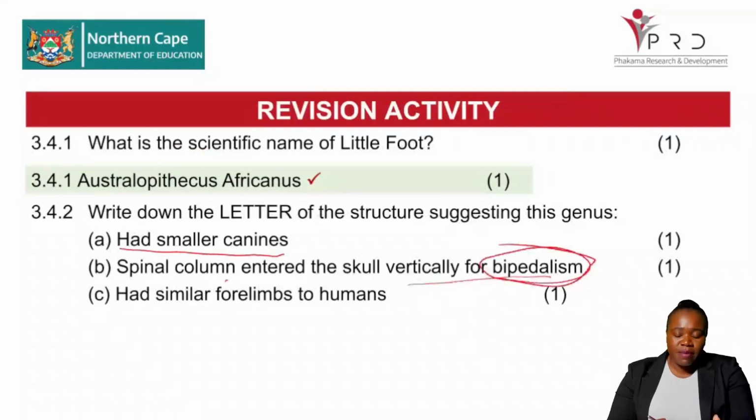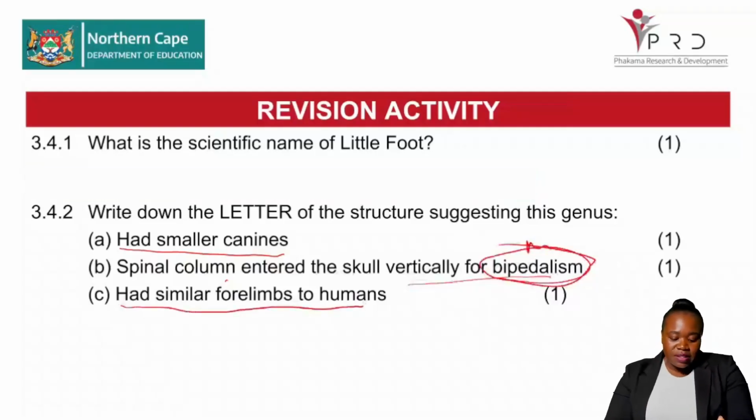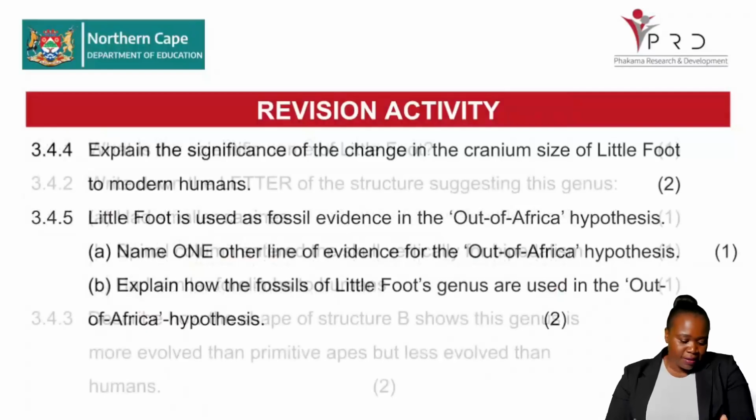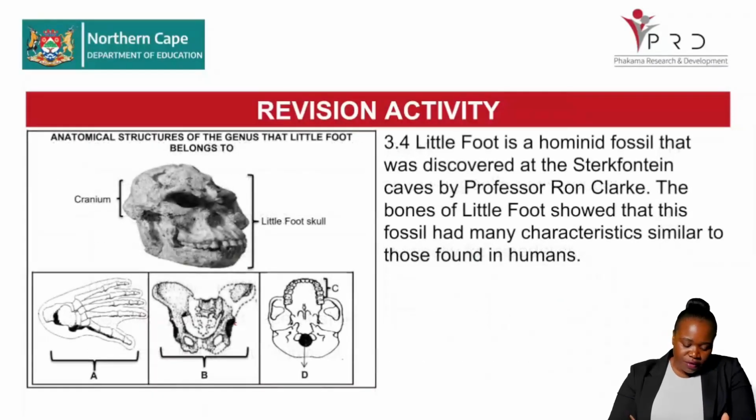Bipedalism. Remember, when you look at bipedalism, we're looking at the position of the foramen magnum and that it was in a more forward position. And then the fact that it had similar forelimbs with the humans. It means that we are looking at the hands there. I think that is something that is straightforward. Obviously, if we are looking at the canines, here we do not see those big canines showing on the outside, meaning that C would be the answer there.